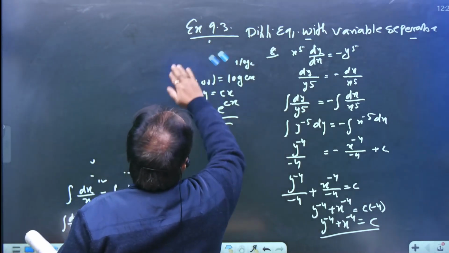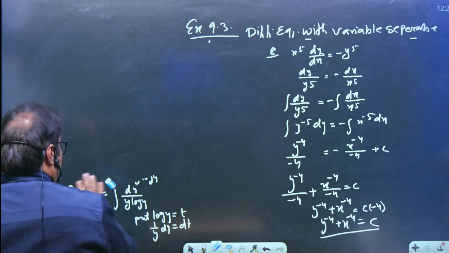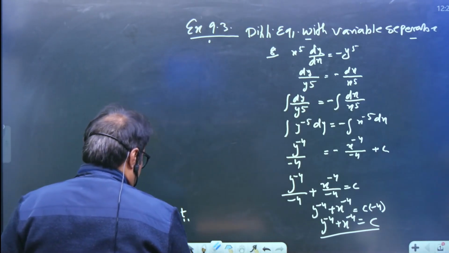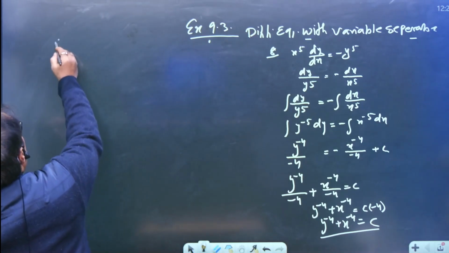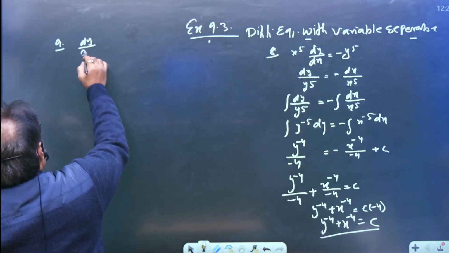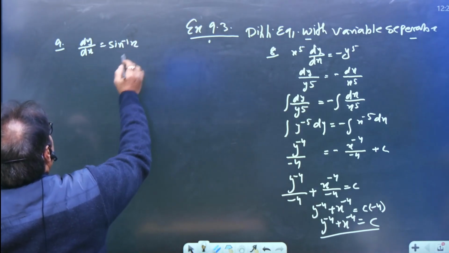Question number 9. 9 question is dy upon dx is equals to sine inverse x.